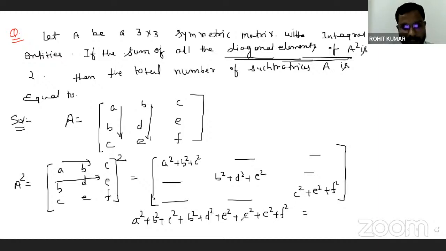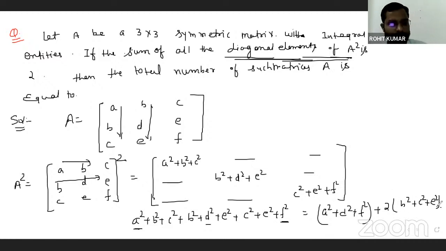So check this out. A square is appearing once, D square is appearing once, and F square is appearing once. So A square plus D square plus F square, we'll keep it separately, plus other terms, B square, C square, E square, which are appearing twice. According to the question, the sum is equal to 2.